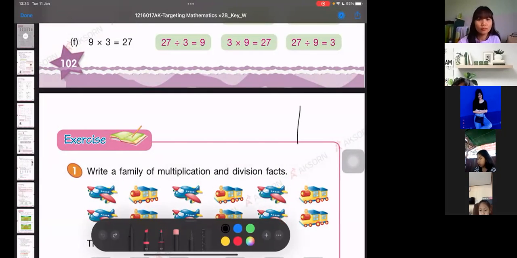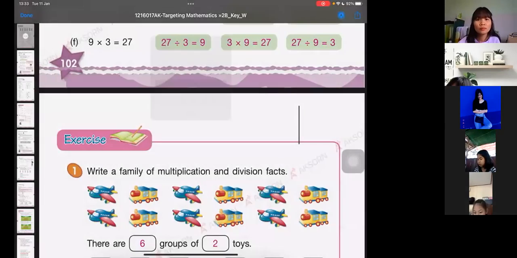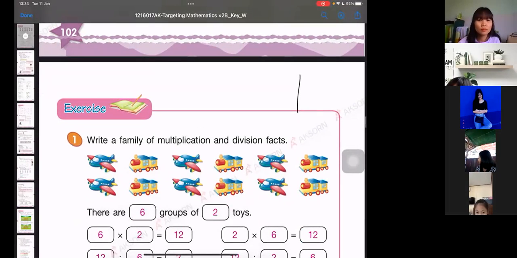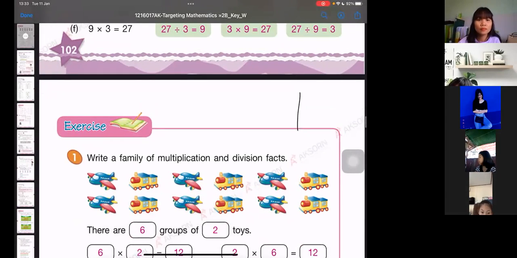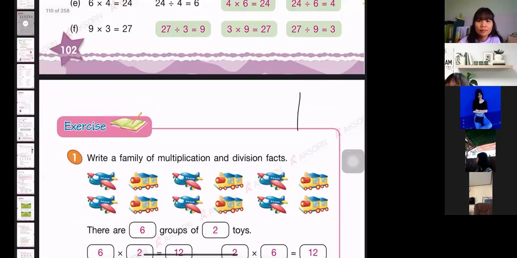How many toys do we have in one group? 2. Very good. So now we have 6 groups of 2 toys. So 1, 2, 3, 4, 5, 6. In one group, we have 2 toys.